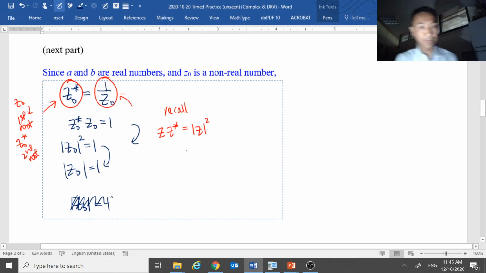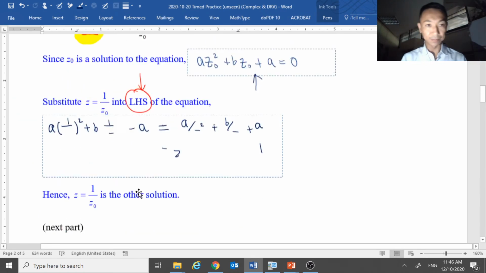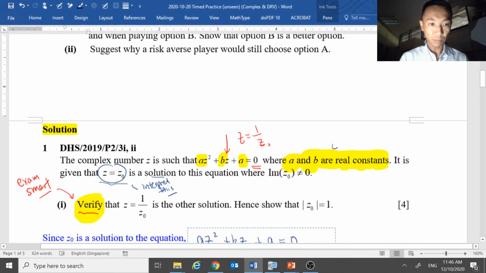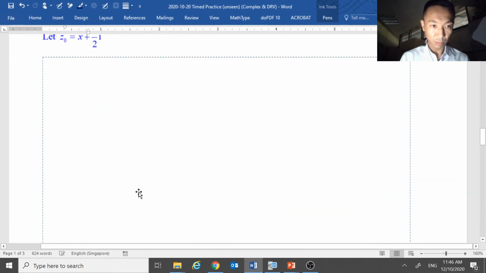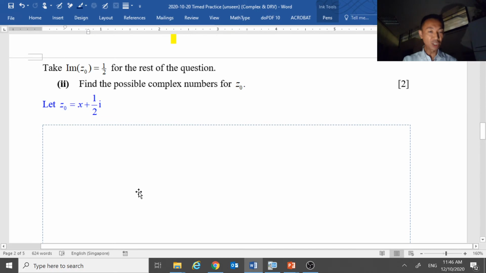Good. Now, let's look at the next part. Take imaginary part of Z0 equals to half for the rest of the question. Find the possible values of Z0.